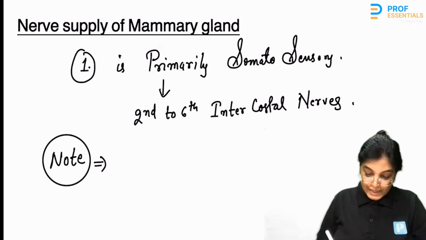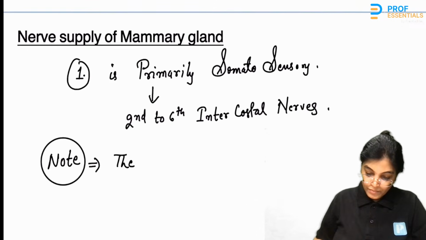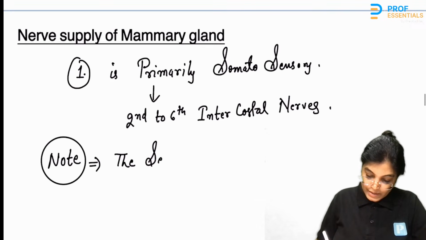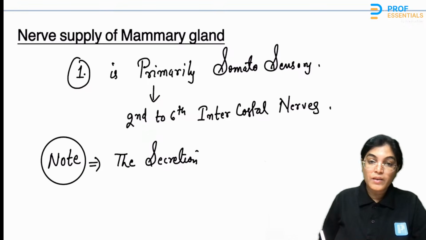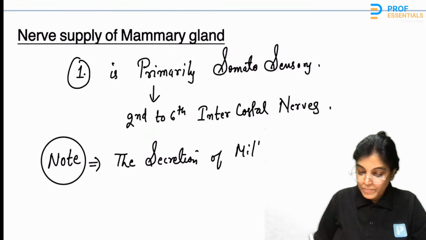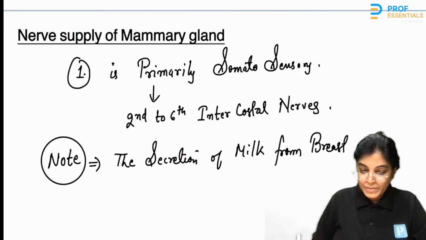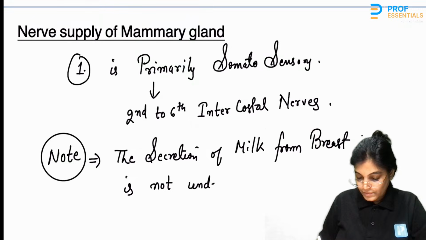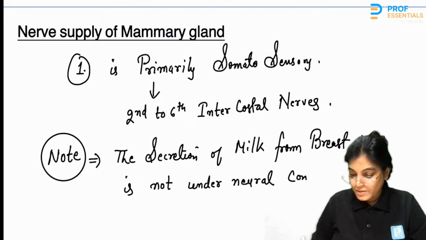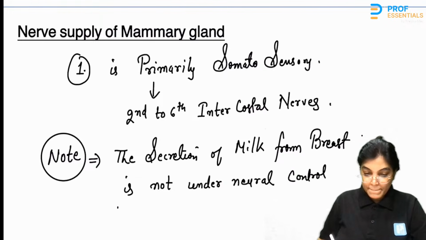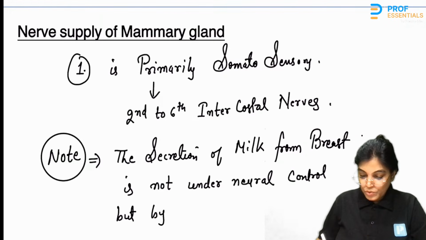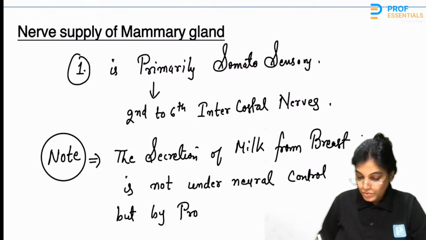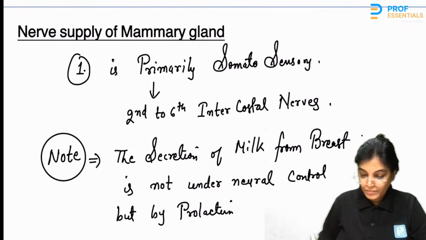Okay, so the secretion of milk from the breast is not under neuronal control, but by the prolactin hormone.